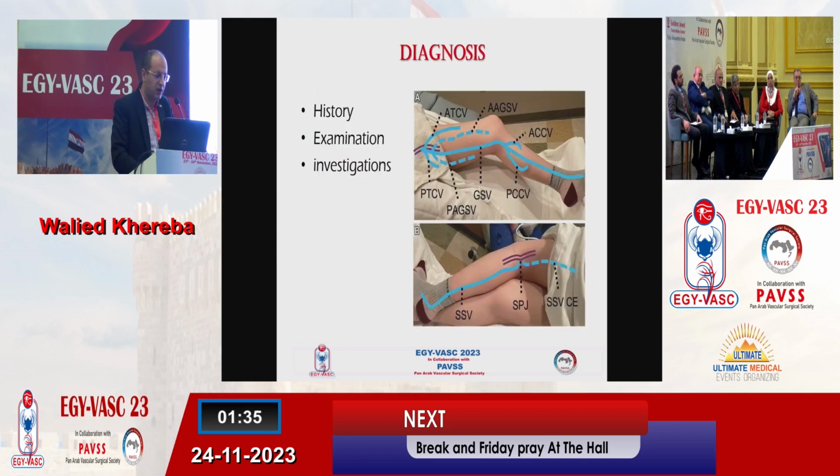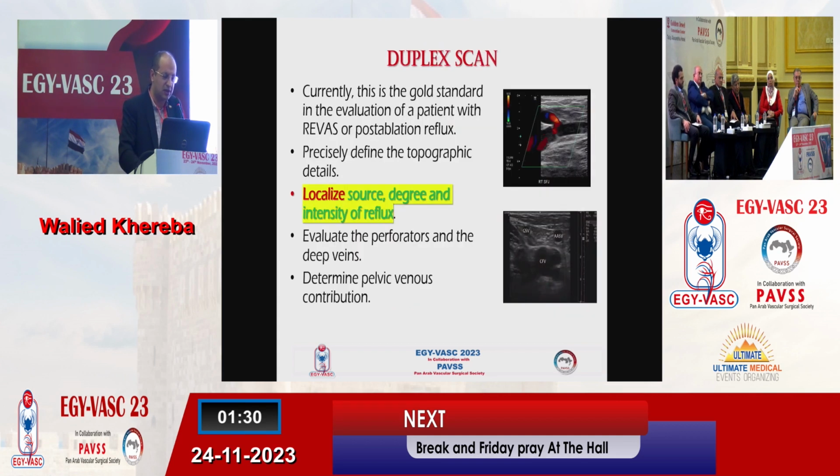Diagnosis of recurrent varicose vein can be done with ease, depending on clinical examination and duplex study. The secret of management of recurrent varicose vein is prevention. Primary prevention is the cornerstone of treatment.